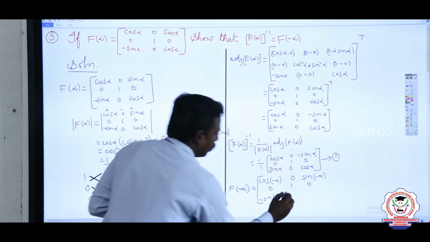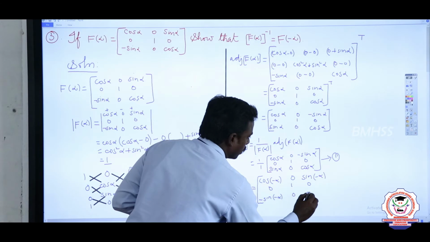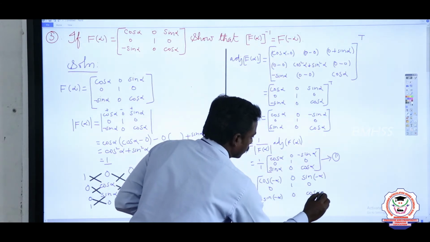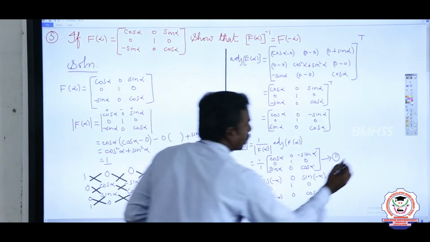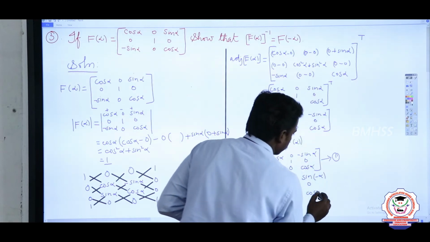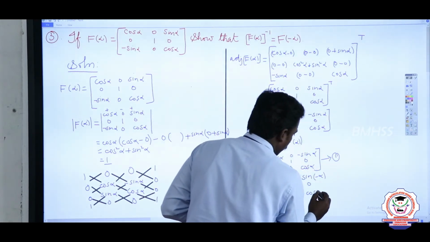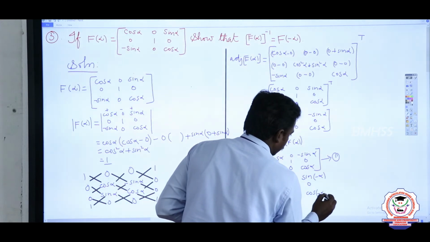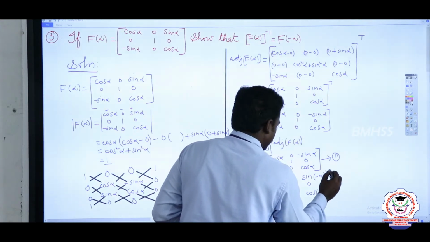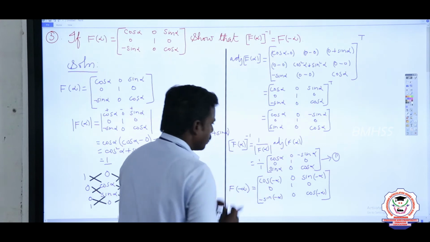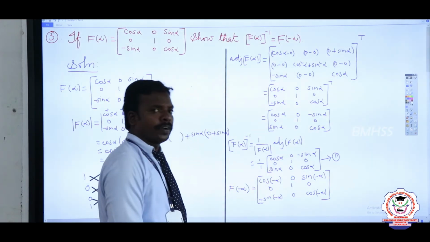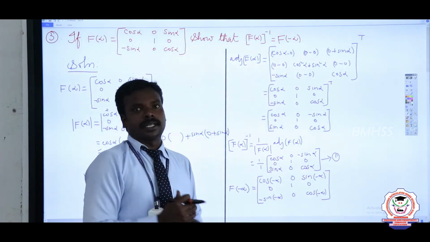Listen, so 0 cos alpha, cos minus alpha should come. Cos minus alpha. Listen to this. In this term, cos minus alpha, that is in the fourth quadrant.